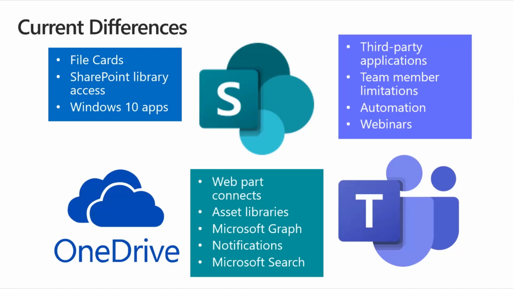Windows 10 apps that go across the HoloLens, Xbox, and a few other services have extreme limitations when it comes to DoD and GCC High. SharePoint connectors that require internet access are extremely limited within our SharePoint environments. Asset libraries are currently available only in GCC, but not in GCC High and DoD.